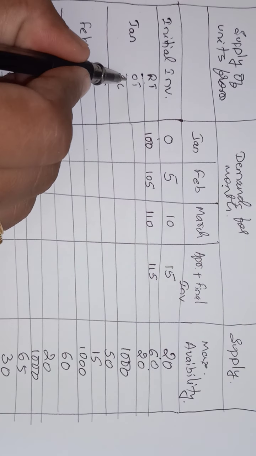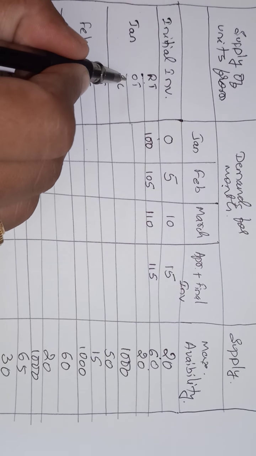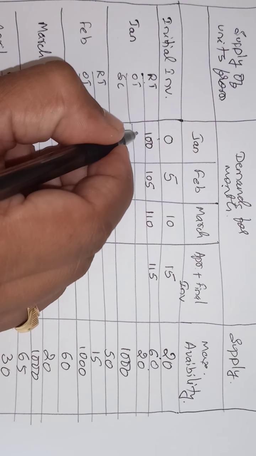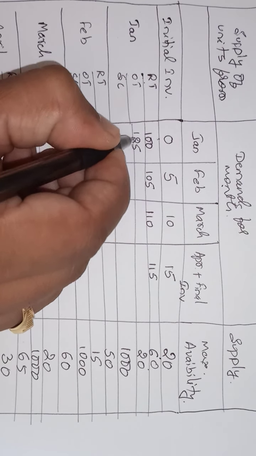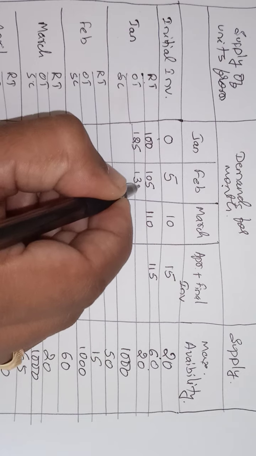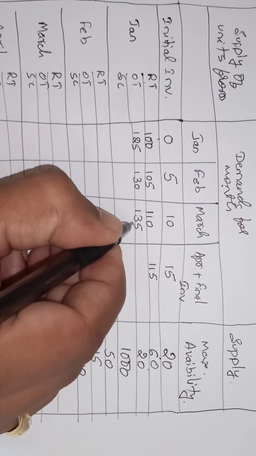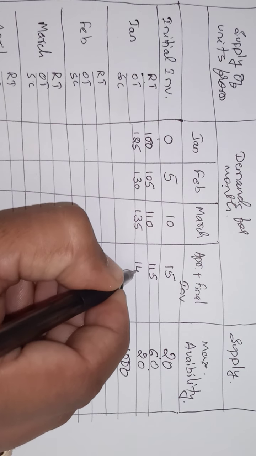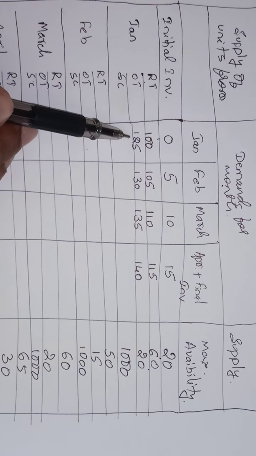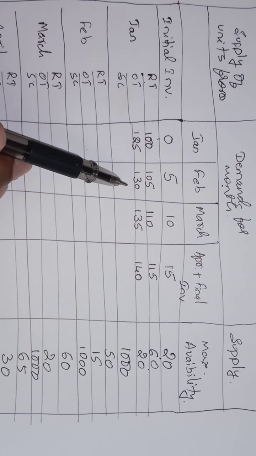So consider the overtime cost. By this overtime, the per unit cost will be 125. So 125 plus 5, 130. 130 plus 5, 135. 135 plus 5, 140. Because if that quantity has not sold in that particular month, it has to be carried forward to the next month.